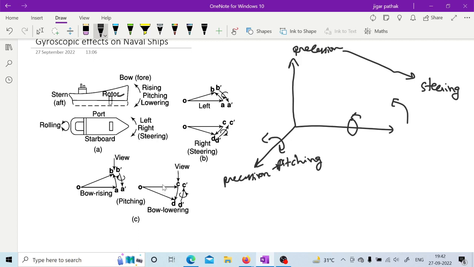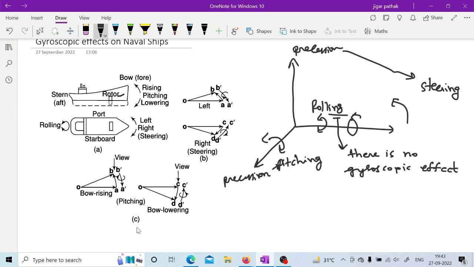Now one more thing in case of a naval ship is rolling. Rolling will be about the same axis of spin. So in this case there will be no gyroscopic effect, because the axis of precession and the axis of spin are the same.